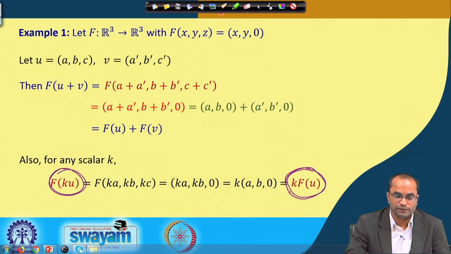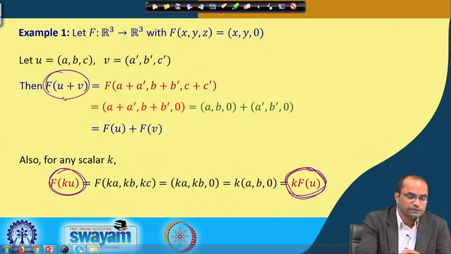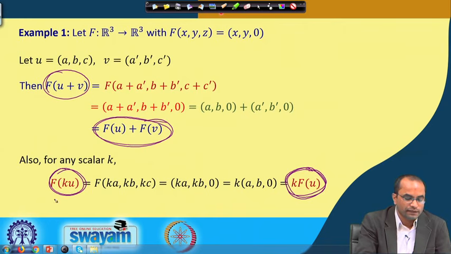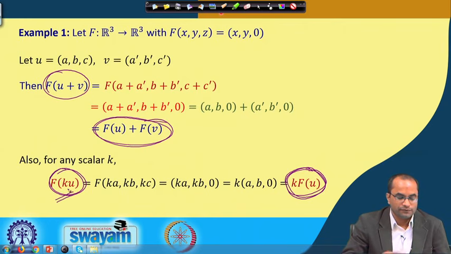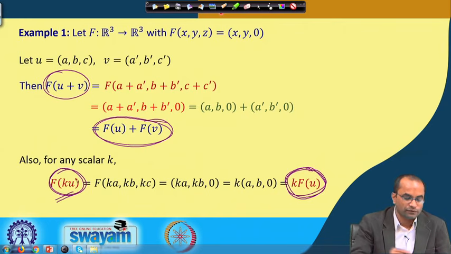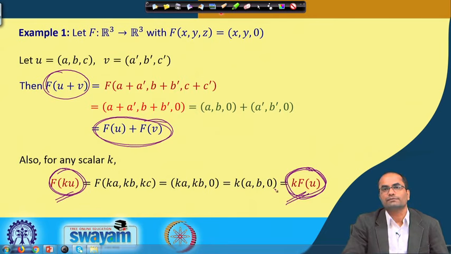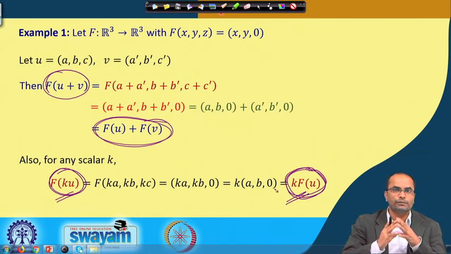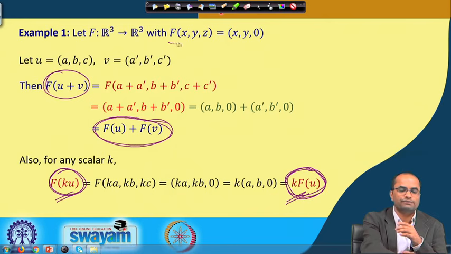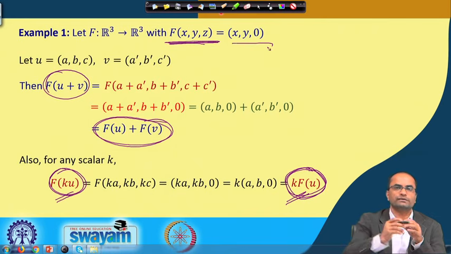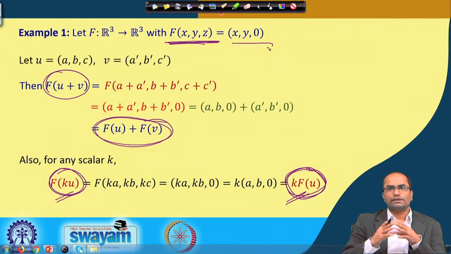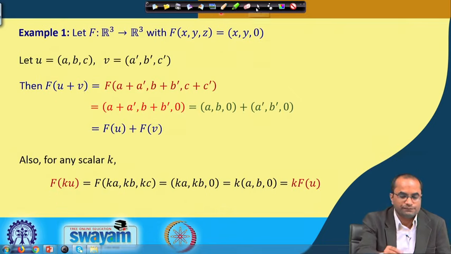So, both conditions, f(u plus v) equal to f(u) plus f(v), and f(ku) equal to k f(u), are satisfied. Therefore, this given map, which maps the point (x, y, z) to (x, y, 0), is a projection map, and it is a linear map, which we have just proved here.